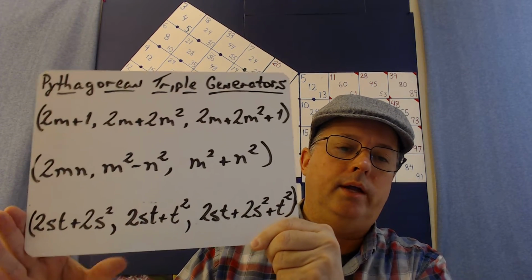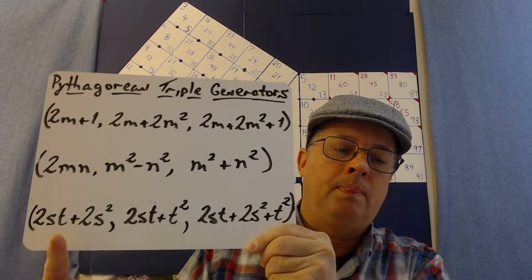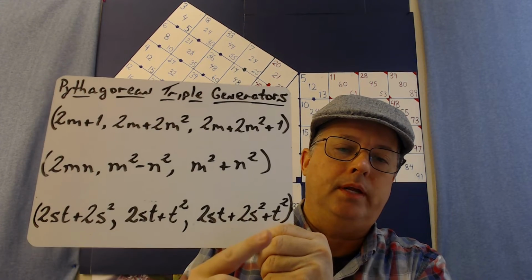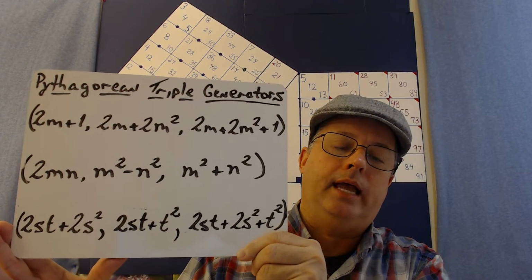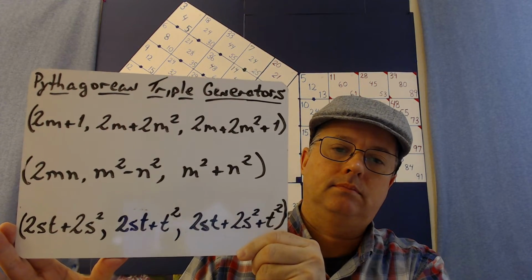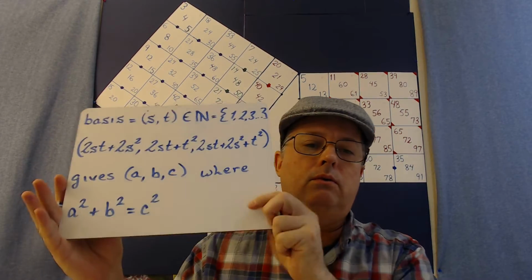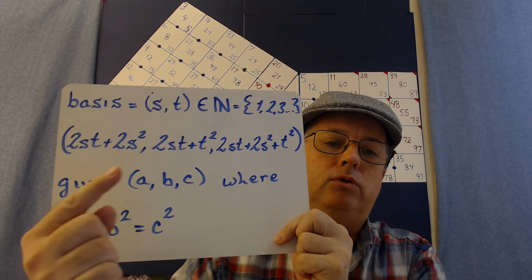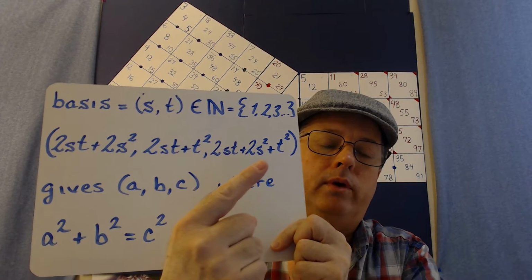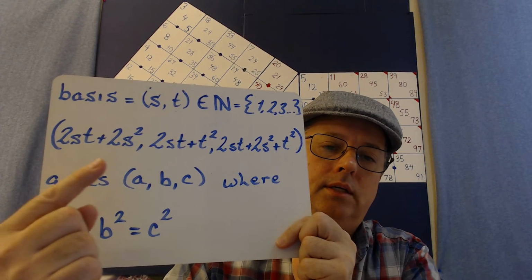And so in this arrangement here, there's no restrictions on s and t. So that's how this one is different. And so let's say that here. This is the Pythagorean triple generating formula that we're going to discuss in these next couple videos.